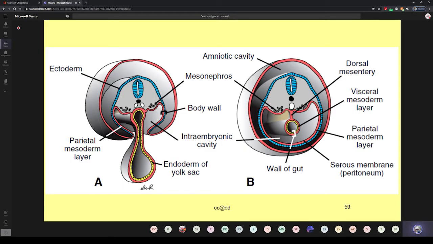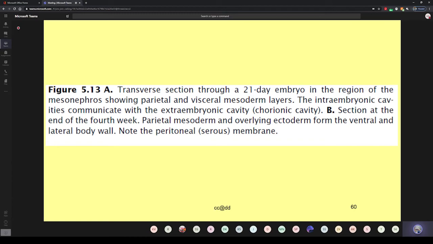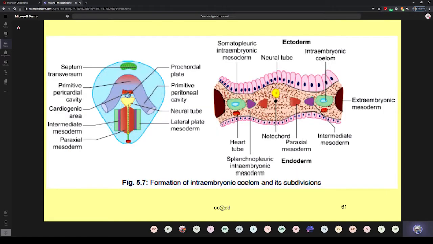So going to the lateral plate mesoderm, just now I said please keep an eye on the folding of the embryo, and that will decide what is happening to the lateral plate mesoderm, right? So the lateral plate mesoderm is going to end up forming the body wall as well as the lining of the body cavities.